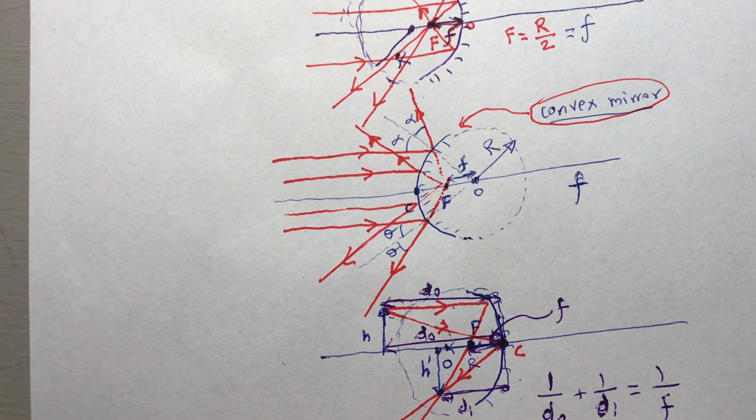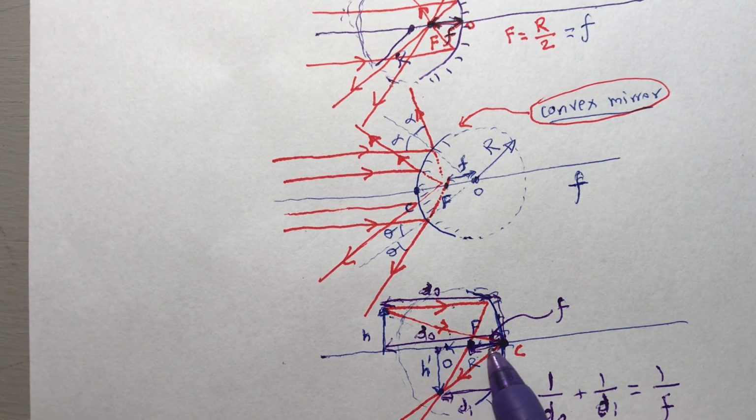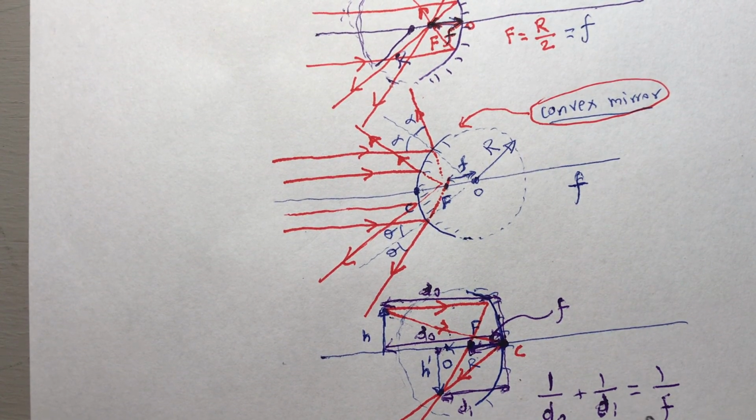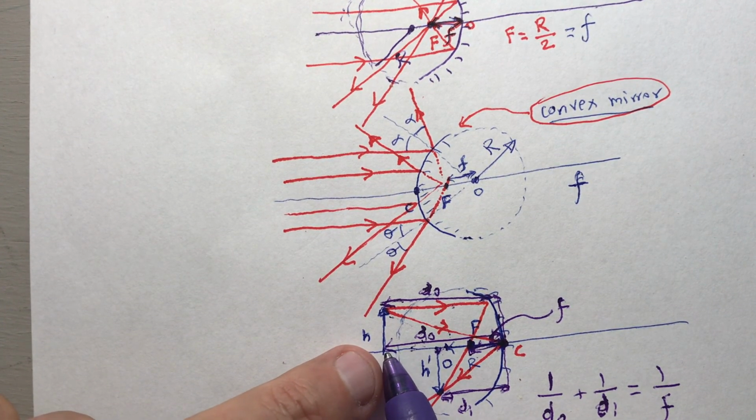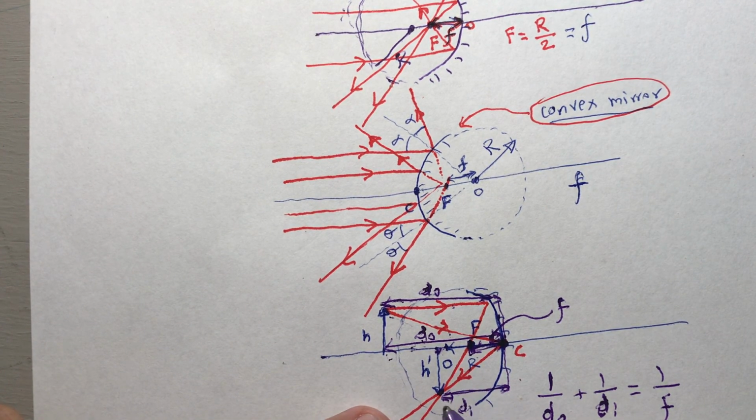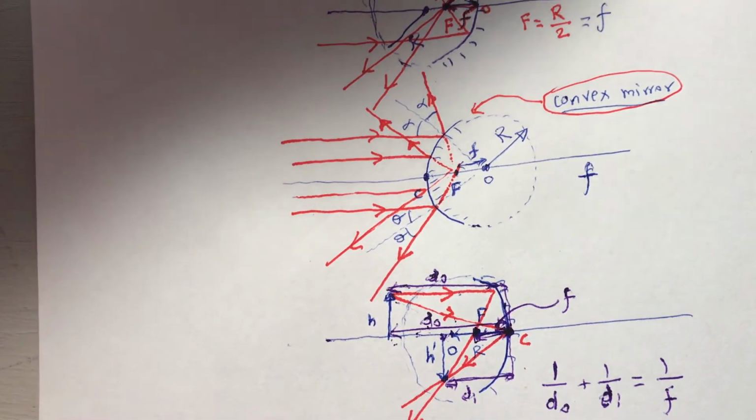If you know f, because usually you know the radius of the mirror, if you know the radius, you're going to know f. You know where you put the object, so you know d_o. You know it because you're the one who put the object there. And the image, you can calculate from here. You can just do the algebra.